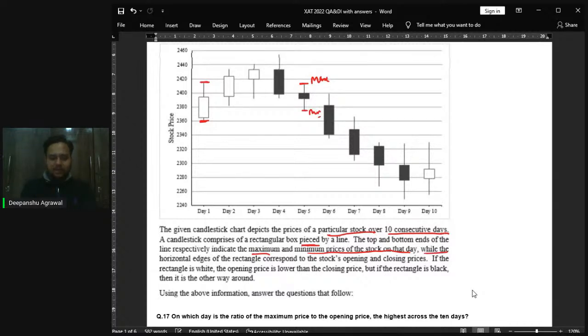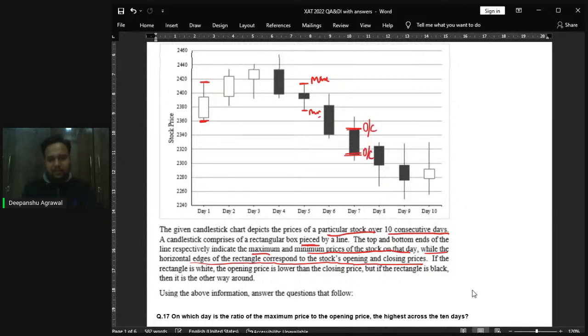While the horizontal edge of the rectangle corresponds to the stock's opening and closing prices. So the horizontal sides of this rectangle actually represent opening and closing prices.